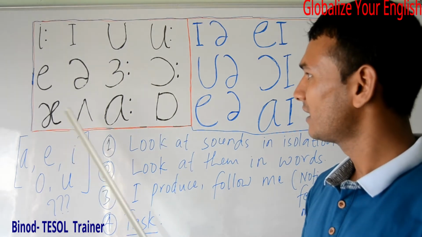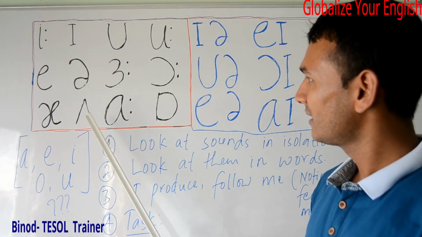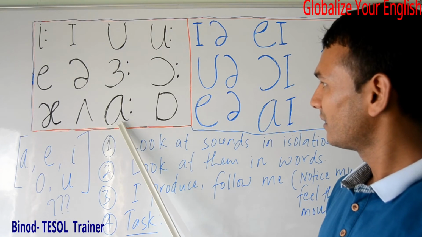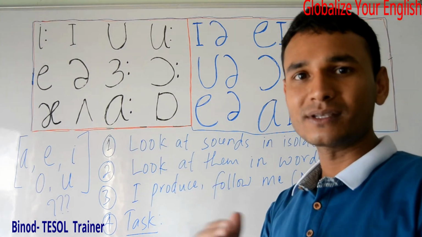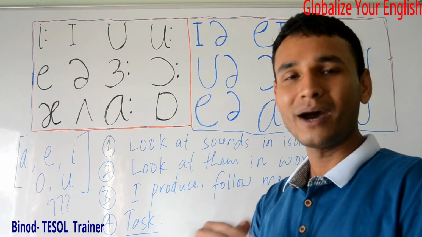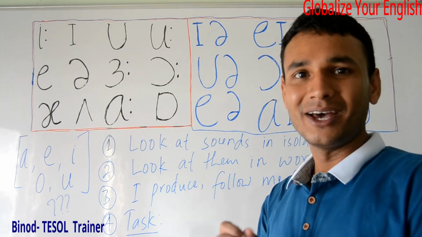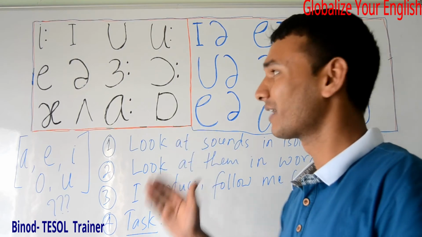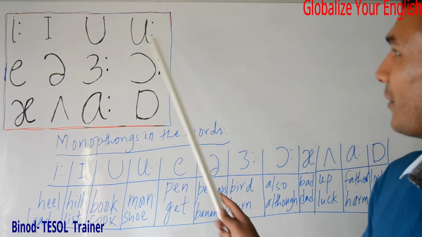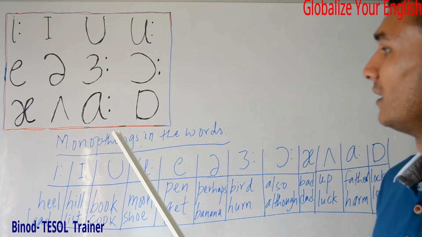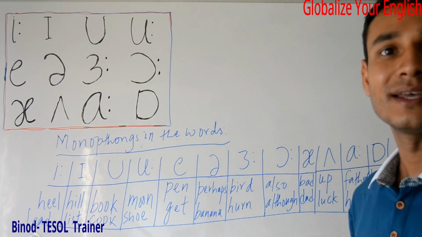So which part of your tongue is active to produce these sounds, they categorize on the basis of that. Now let's see how these 12 vowels are used in words.